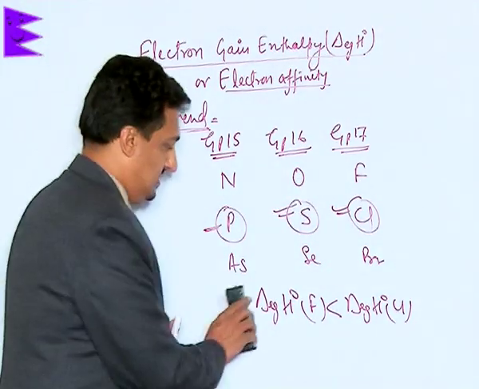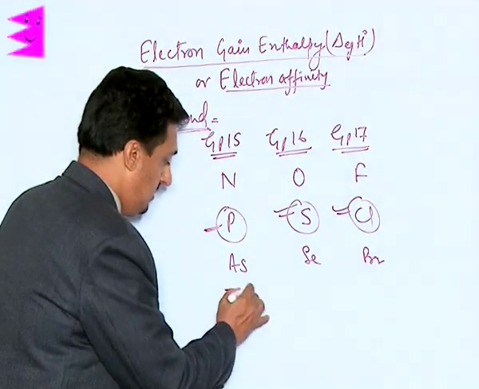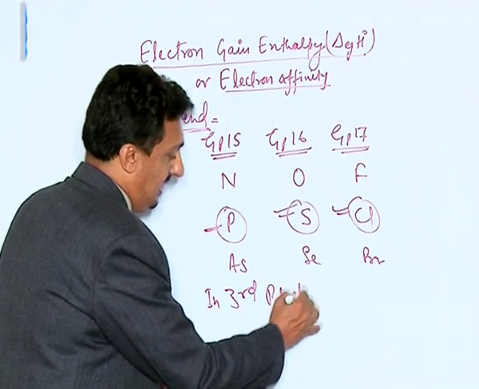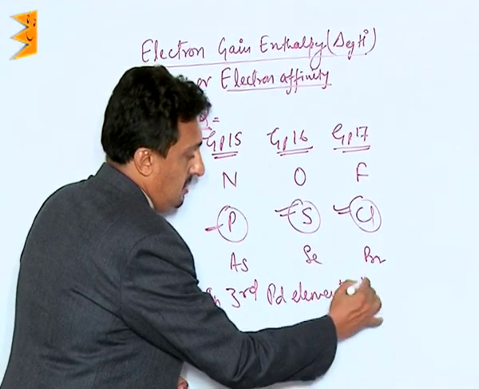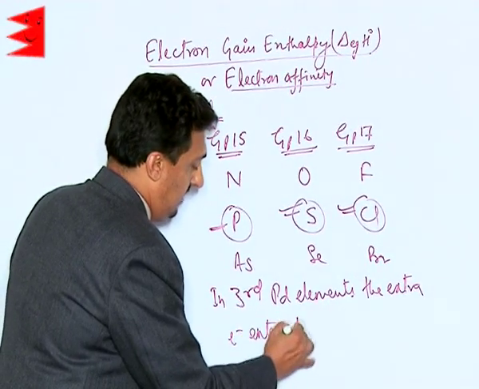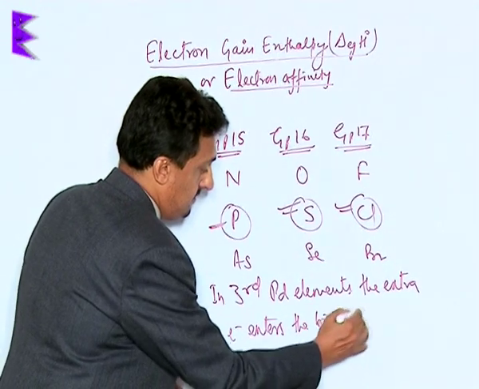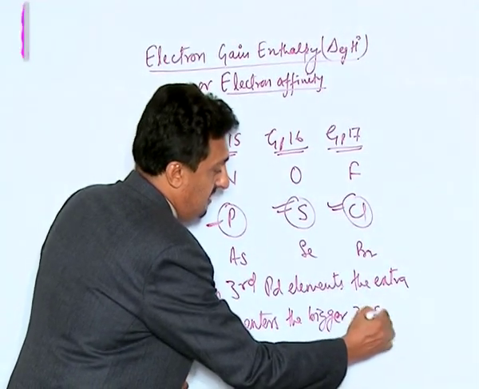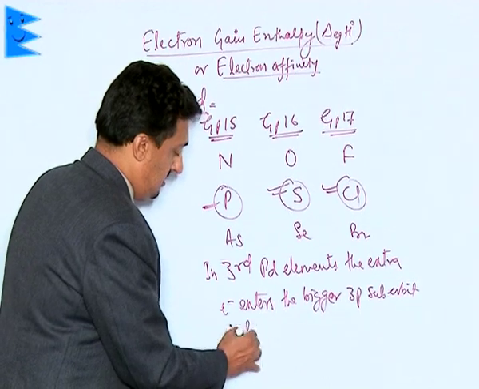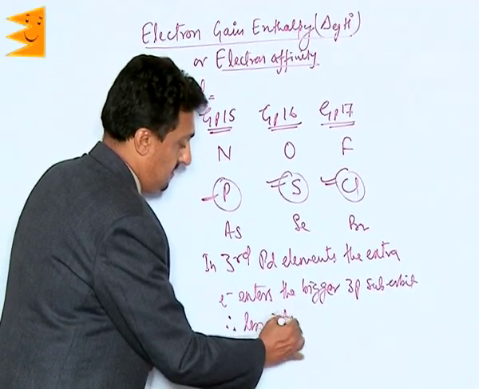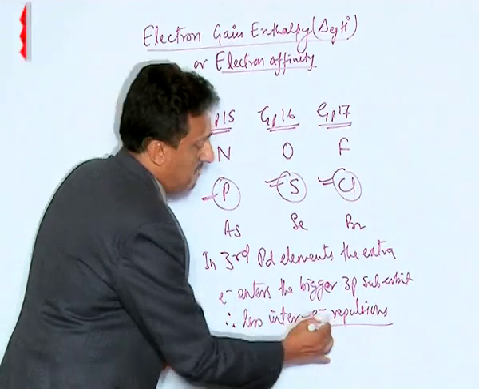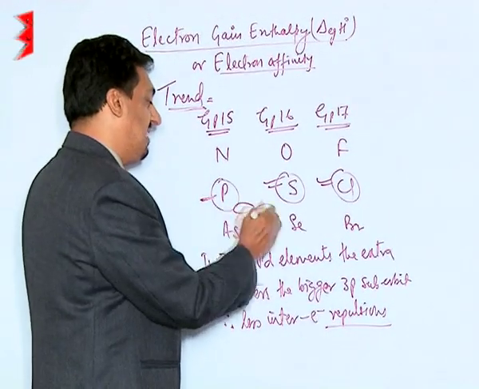The reason is that in third period elements, the extra electron enters the bigger 3p subshell. Therefore, there are fewer interelectronic repulsions. So they all have bigger 3p.